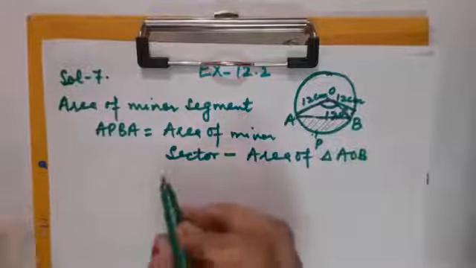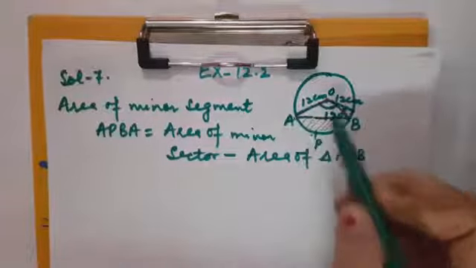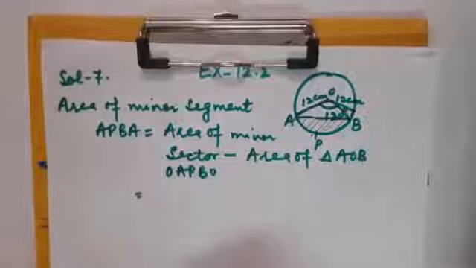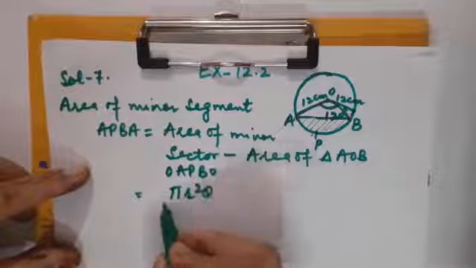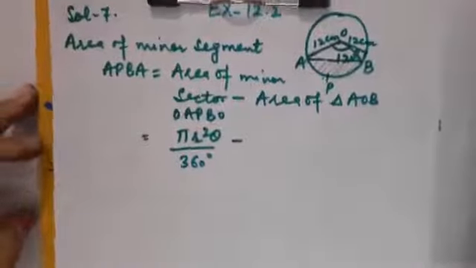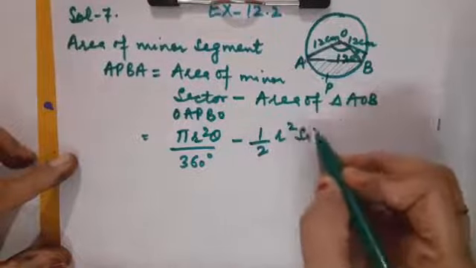You can give the name also to the sector, that is OAPBO. Clear, children? So let us recall its formula. This is pi r square theta upon 360 degree minus area of triangle, half r square sine theta.